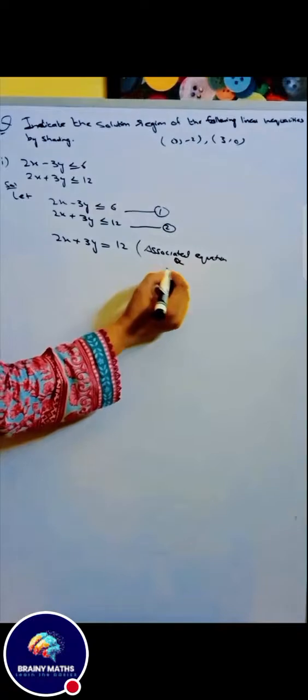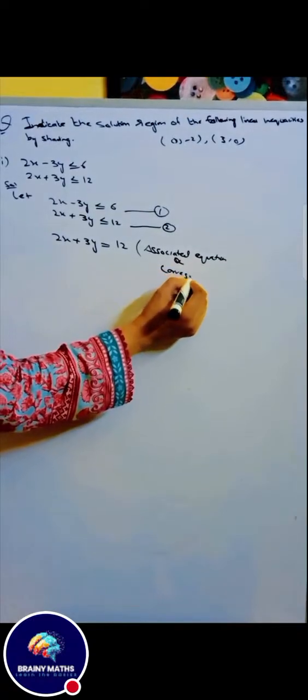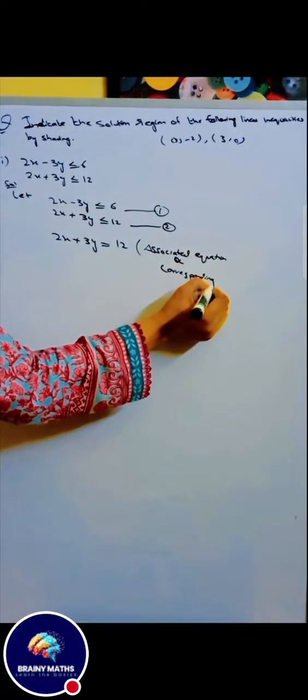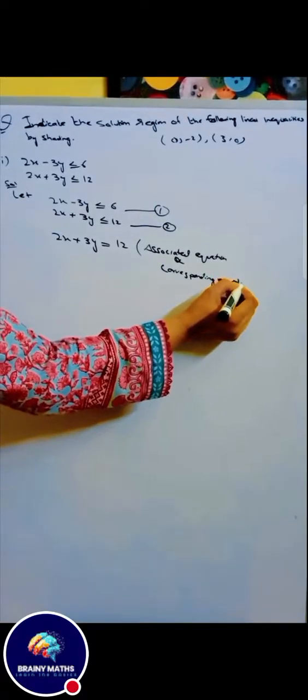What is this? 2x plus 3y equals 12. It's the associated or corresponding equation. I write it so we don't forget.